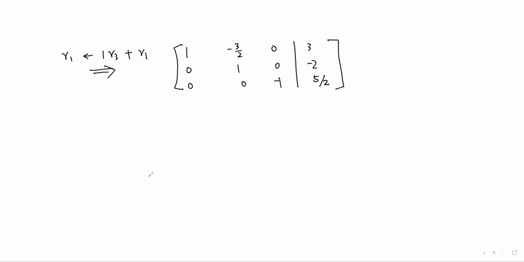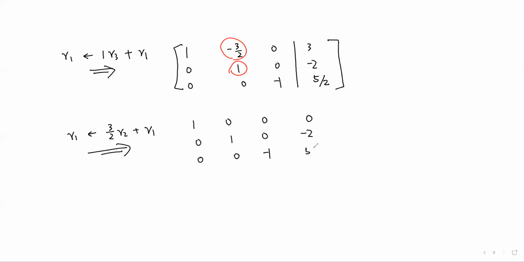Next, I use this number to eliminate this number. So the number 1 is a pivot number. The operation is 3/2 times row 2, add to row 1, put the result in row 1. Then I get 1, 0, 0, 3, 0, 1, 0, -2, 0, 0, -1, 5/2.